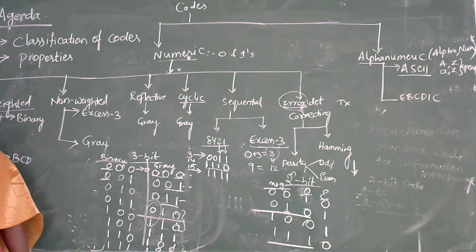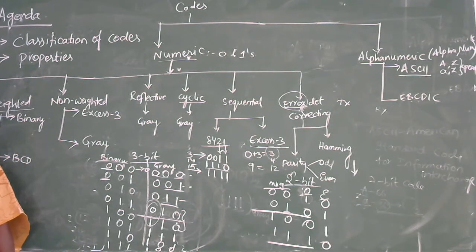Coming to the last classification of numeric codes, which is error detection and correction codes. These are basically used in communications where we transfer information in the form of zeros and ones, that is, in terms of encryption and decryption of data.